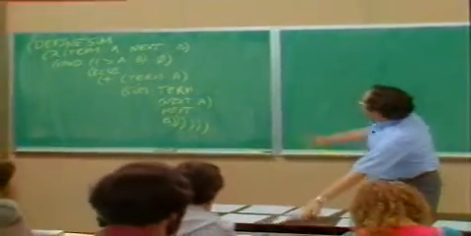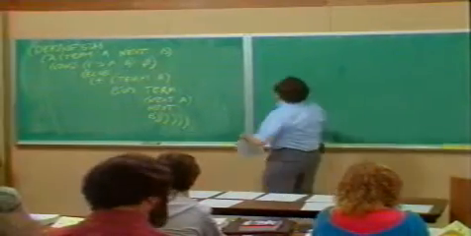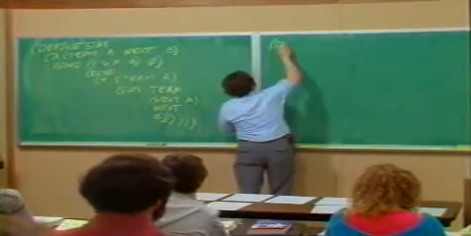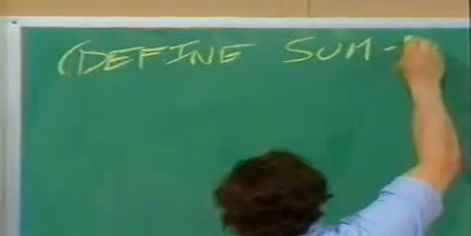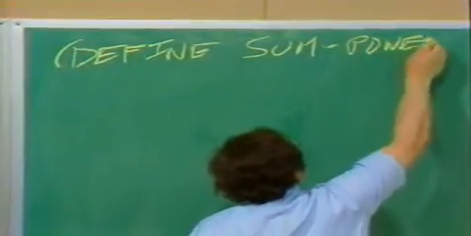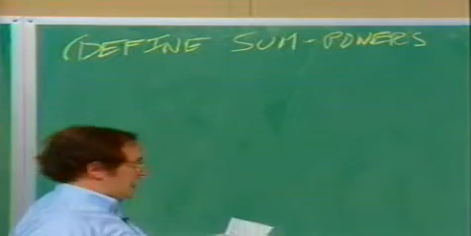Now, when I use this sum procedure, I can use it, for example, like this. We can define the sum of the powers to be, for example, a sum of a bunch of powers x to the n.